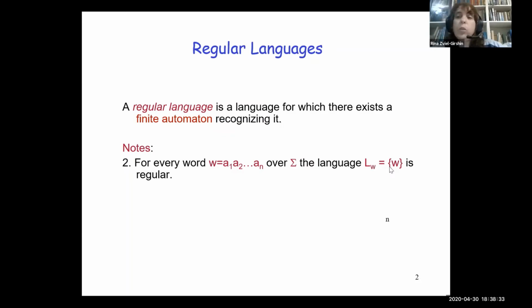Please pay attention that you are not given the alphabet, nor the concrete n. n is, from our point of view, some kind of variable. We are not given a specific value.